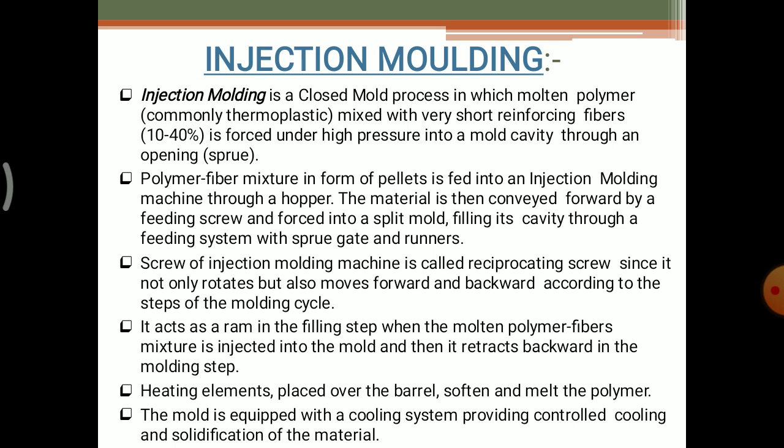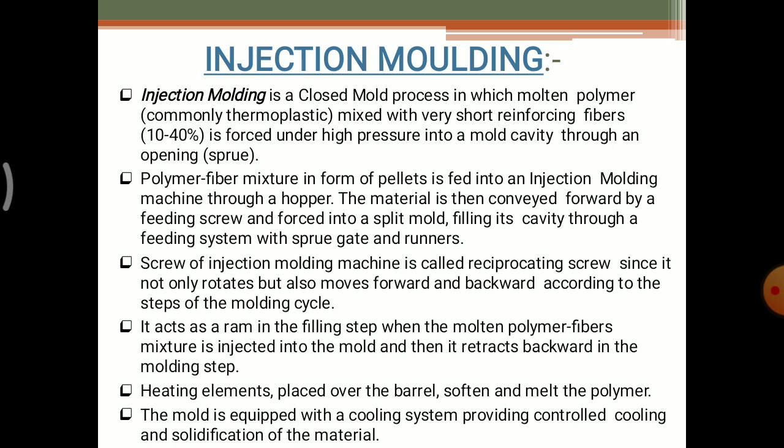The material is forced into the split mold, filling its cavity through a feeding system with sprue, gate and runners. These are the different parts of the closed mold cavity which we have already seen in the production technology subject.